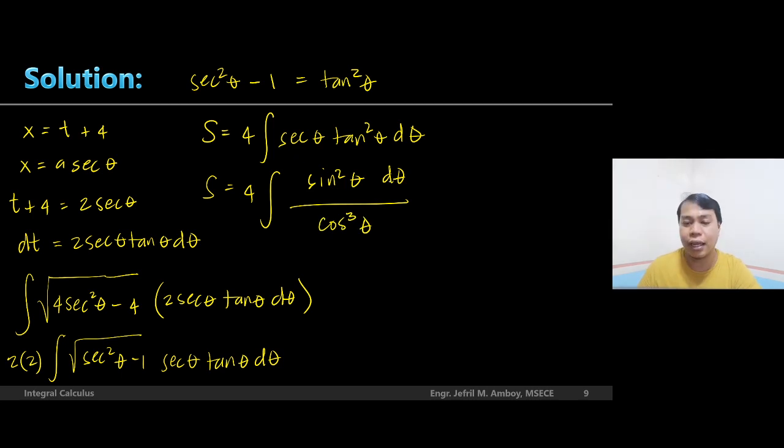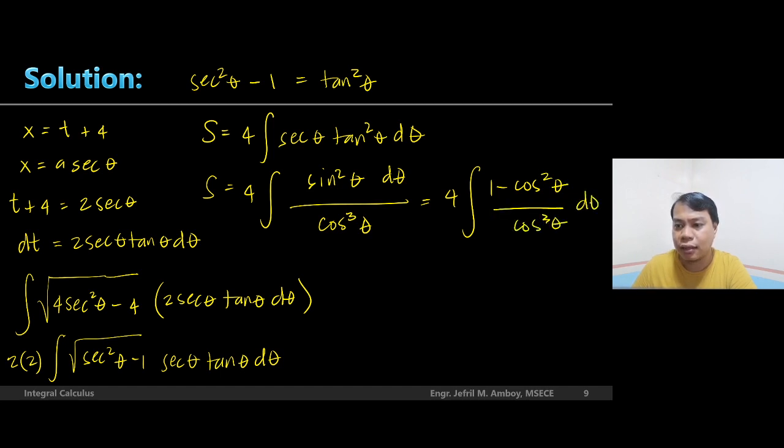Ayan. Okay. Now, paano mo ito i-integrate? Gawin mo lang tong in terms of cosine, no? So 4 times the integral of sine squared is just 1 minus cosine squared theta divided by cosine cube theta d theta.